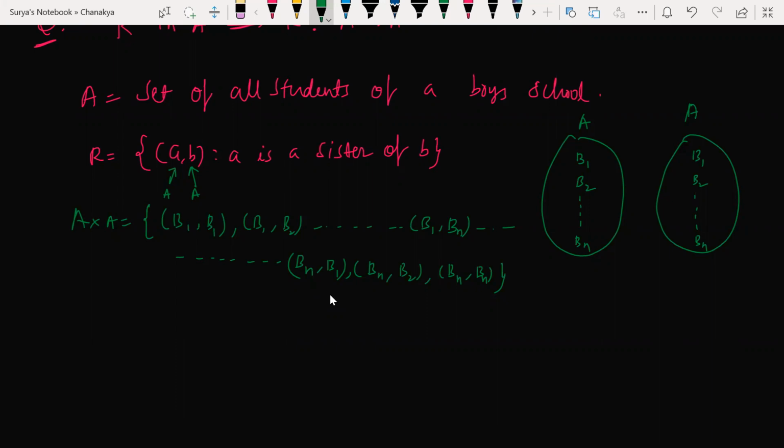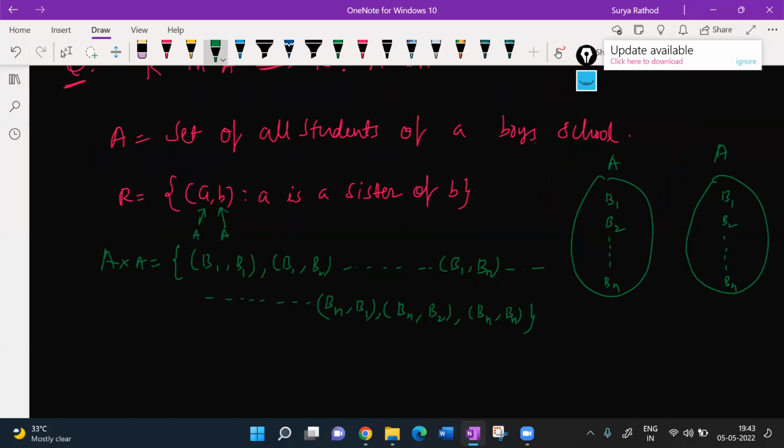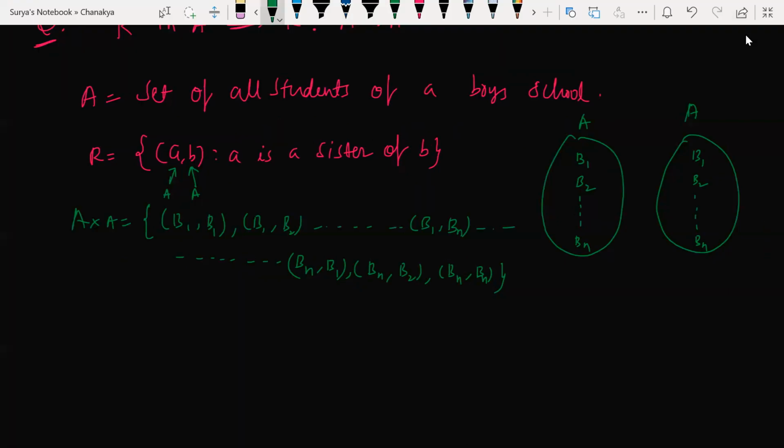What happened? Common sense. This is an empty relation, right? Yes, sir. It will be an empty relation. Why? Tell me. Because it is totally a boys' school, sir, so there will be no girls in that school. Yes. Look at it. Here a, b, both are boys.